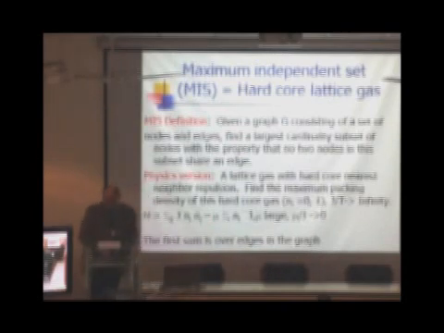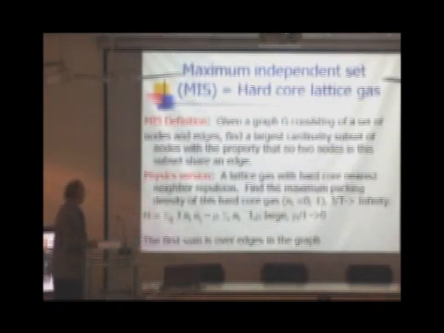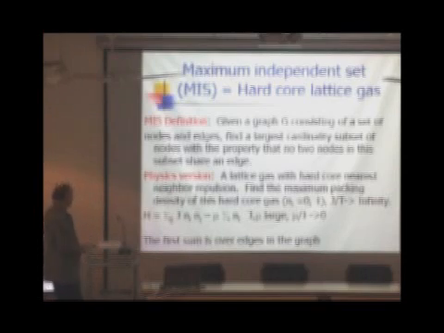So I've already stated this, that the maximum independent set maps to the hardcore lattice gas, but let's write a Hamiltonian for it. Here is the Hamiltonian. This is a lattice gas Hamiltonian, and in physics language, each site on the graph can be occupied or not. So this is a binary variable, 0 or 1.